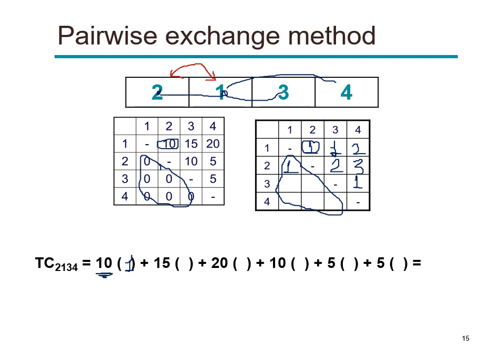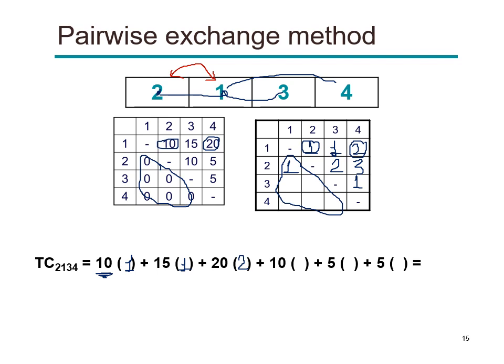Okay, the distance between 1 and 3 is 15, and the flow between 1 and 3 is 15, and the new distance between 1 and 3 is again 1. What about the flow? The flow between 1 and 4 is 20, and the distance between 1 and 4 is 2, so we will have 2 over here.